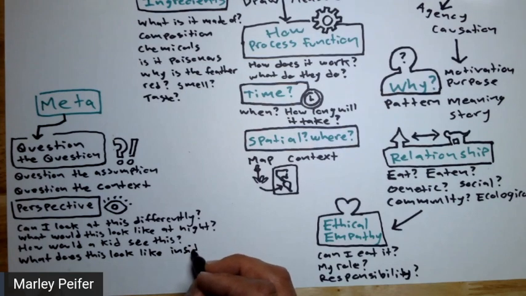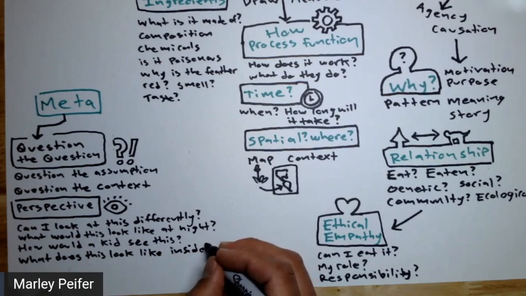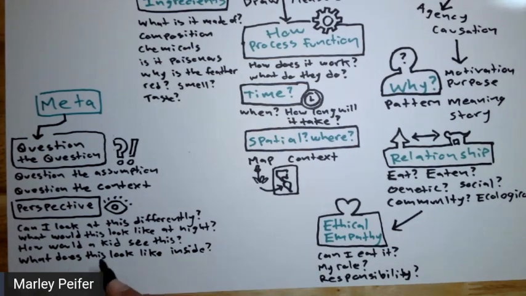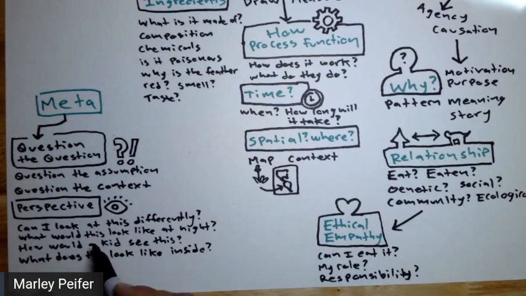In botany, this is very important. We often try to look at flowers from different perspectives and cut up the flowers to look at them on the inside. This is something that Leonardo da Vinci did. He changed his perspective a lot and looked at things from different ways and asked questions about perspective.